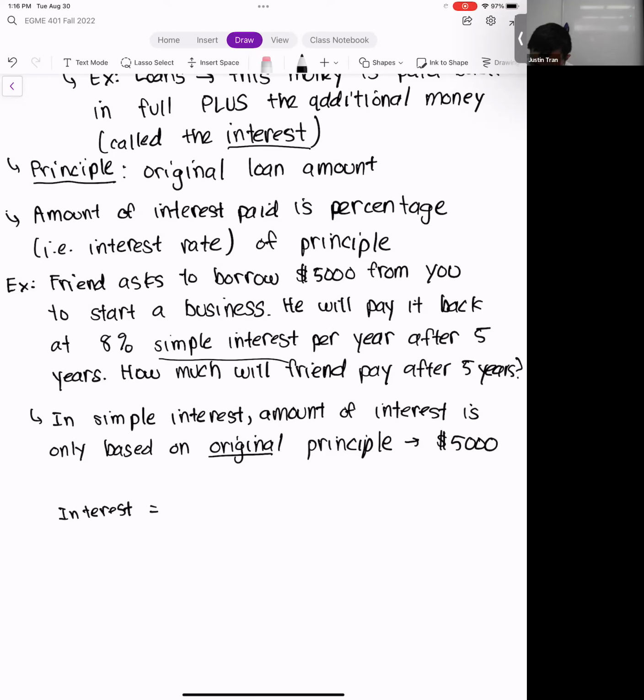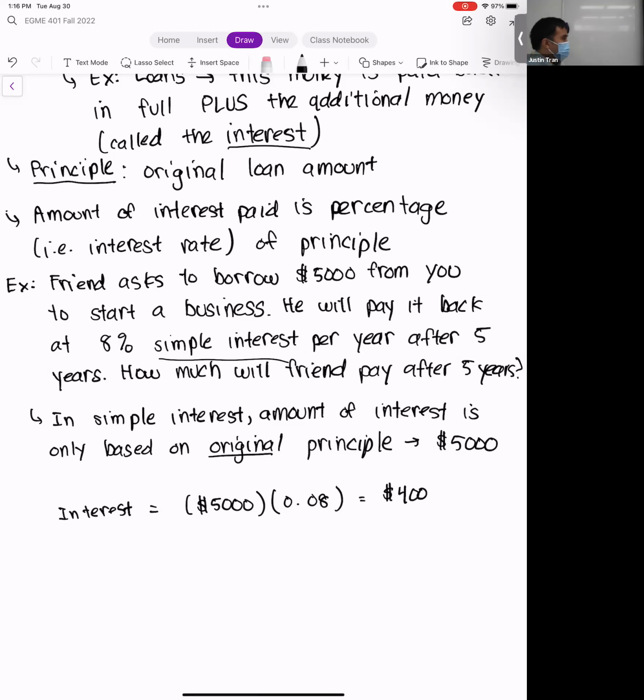To compute 8% of that, we have our original amount, which is $5,000. Then we're going to take 8% of this. And so 8% of $5,000 is just, we're going to multiply by 0.08. You can punch this into a calculator, 5,000 times 0.08, and what you get is $400.